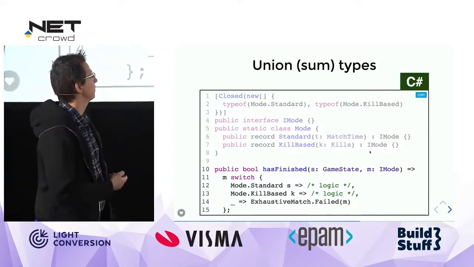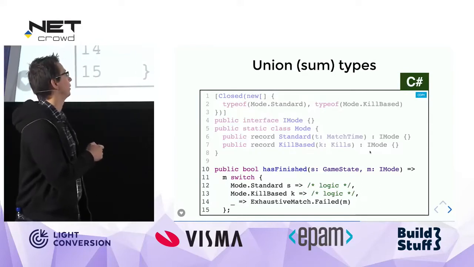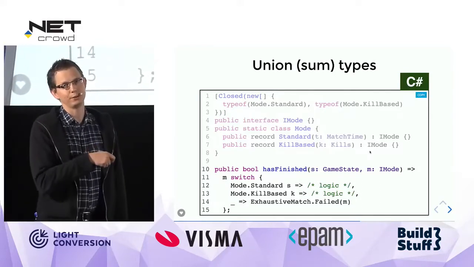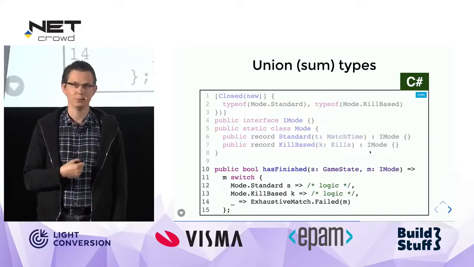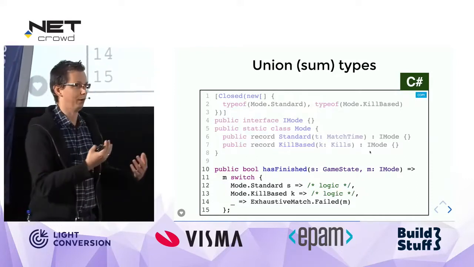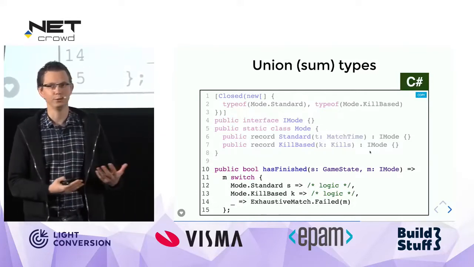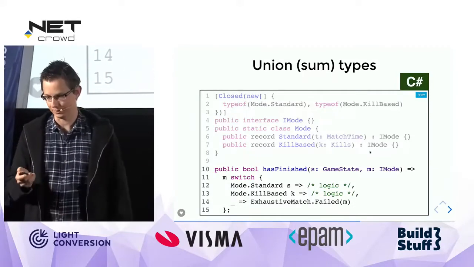That's very nice, because when eventually you come and add a new mode, instead of trying to hunt down all of the places where that should be handled, the compiler will just tell you and will refuse to compile your code until you fix all of the places.